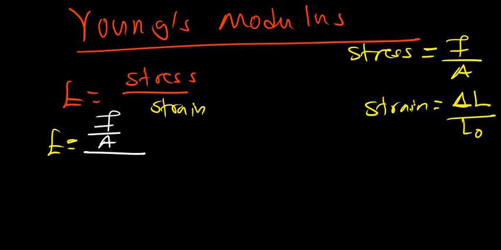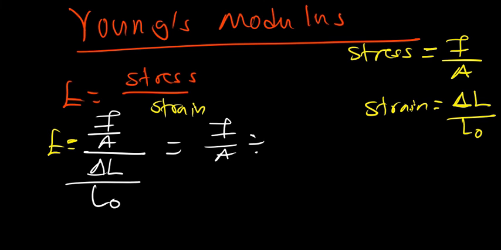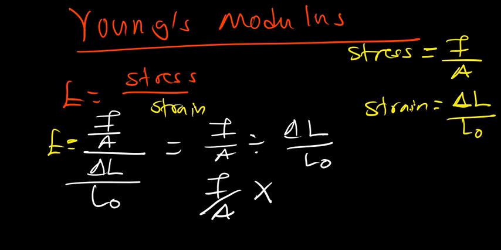Strain is the change in L divided by L initial. Do you understand the fact that this is the same as F over A divided by the change in L over L initial? It's the same, right? So I'll say F over A times L initial over the change in L. I think that one you know.